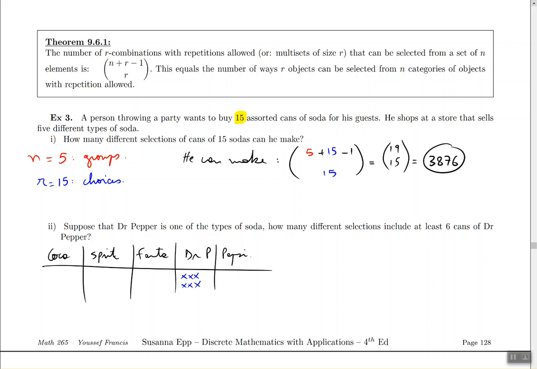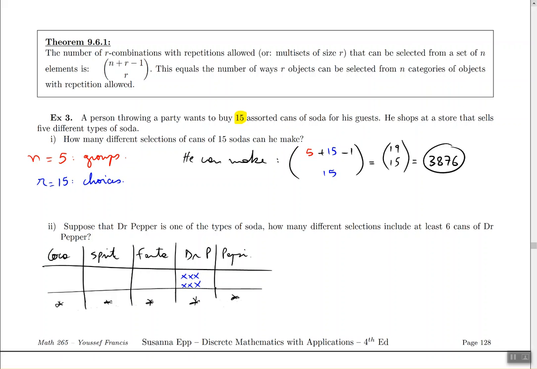So let's suppose he buys those 6 cans of Dr. Pepper, and now how many is he going to have to buy in addition to that to get to 15? Well, he has to buy 9 more cans of soda. They could come from the Coke, they could come from the Sprite, they could come again from the Dr. Pepper, they can come from the Fanta side, they can come from the Pepsi side, who knows?